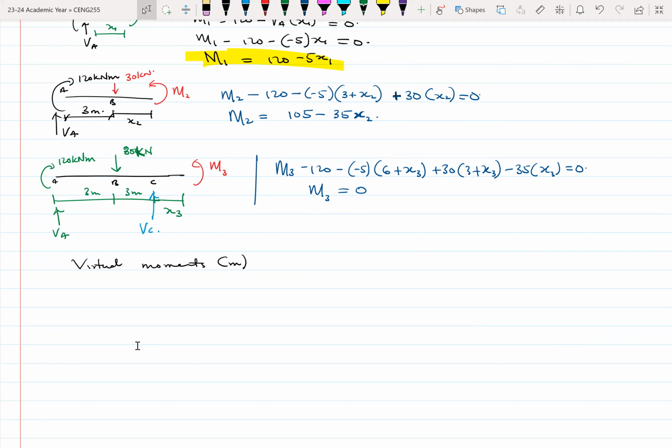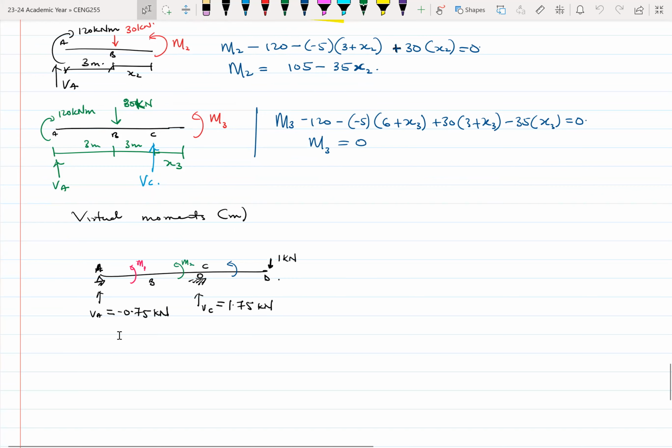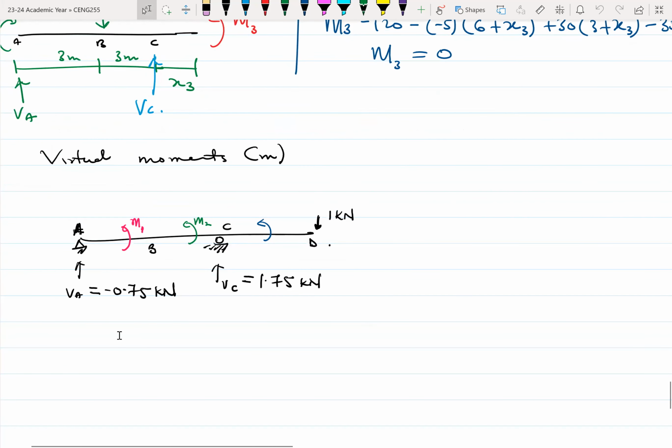We take a cross section of it. All right, so this is what we have. We need to find these small moments, m1, m2, and m3.